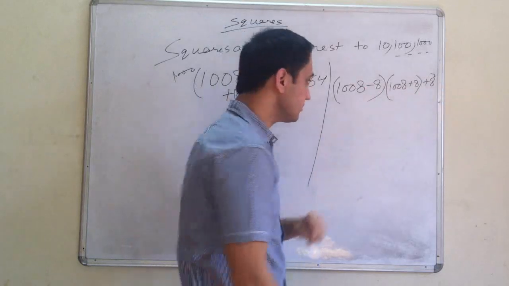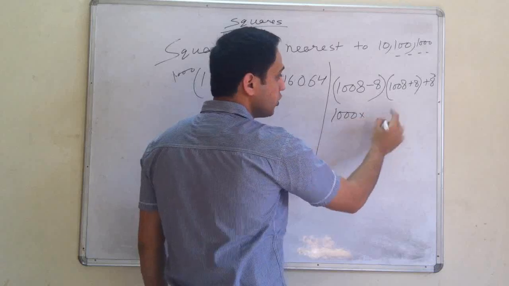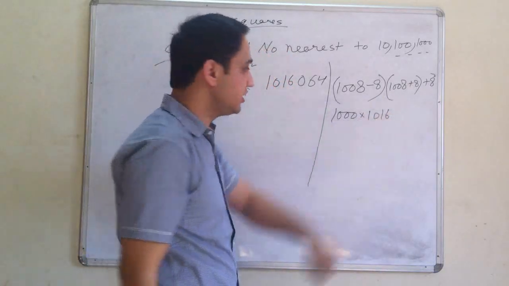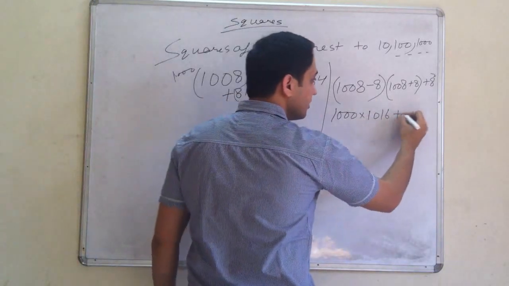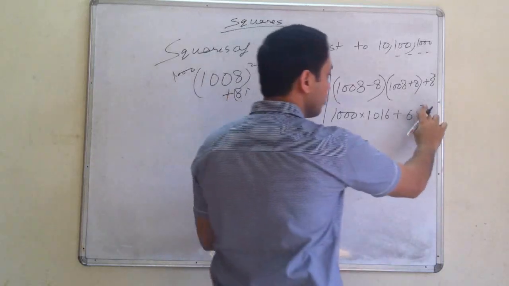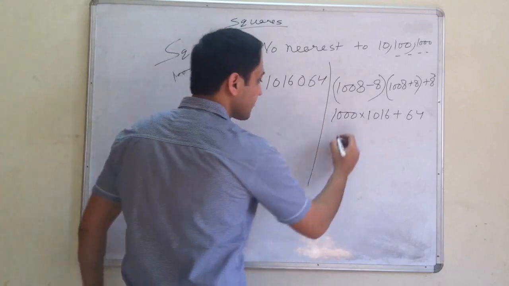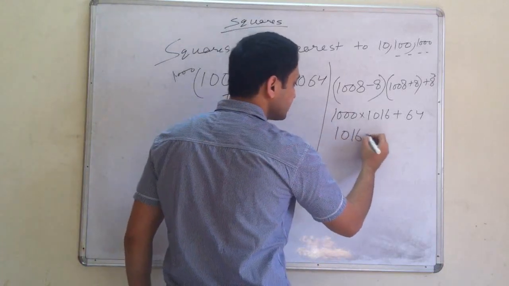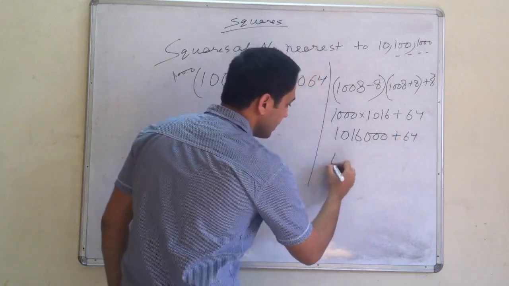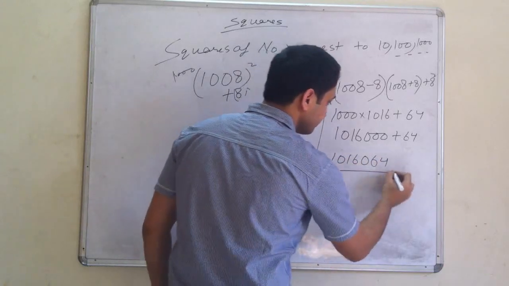As you can see here will be 1000 into 1016 addition plus 8 square, which is 64. So the answer is 1016000 plus 64, so 1016064 is the answer.